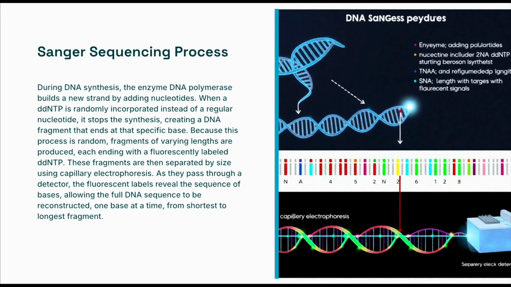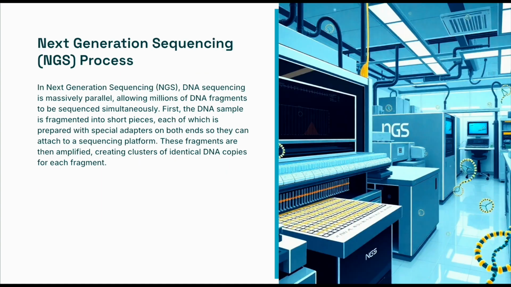Because this process is so random, fragments of varying lengths are produced, each ending with a fluorescently labeled ddNTP. These fragments are then separated by size using capillary electrophoresis. As they pass through a detector, the fluorescent labels reveal the sequence of bases, allowing the full DNA sequence to be reconstructed one base at a time, from the shortest to the longest fragment.